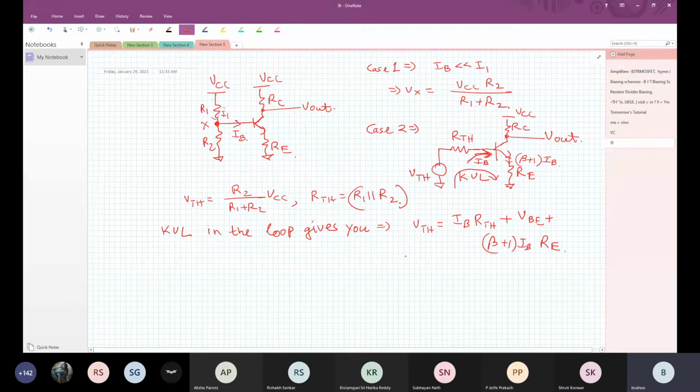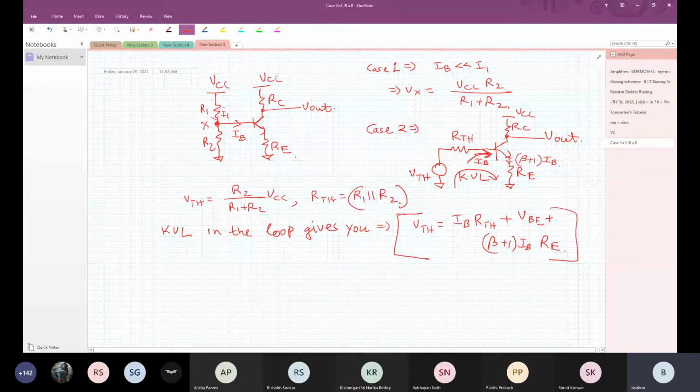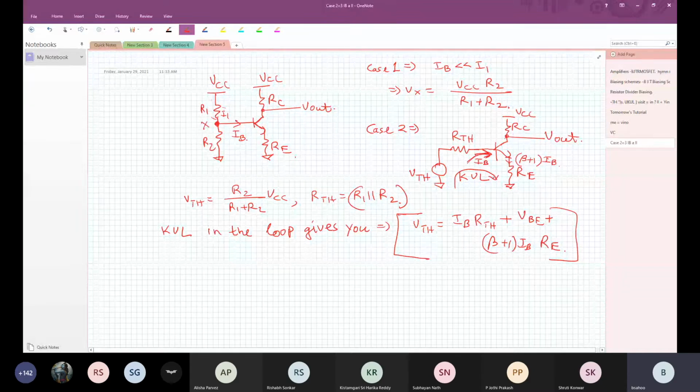So this is what is there, and you can solve this iteratively with the same technique to solve for IB, and once you obtain the IB, then you can easily find out what is IC and thereby what is the output voltage.